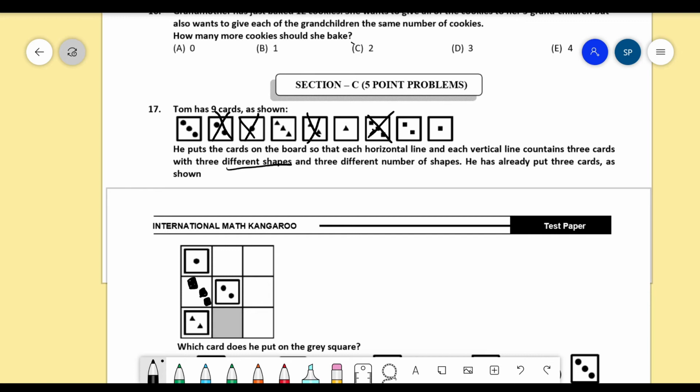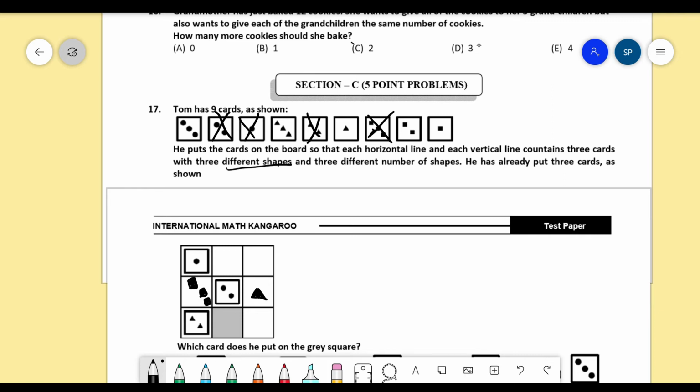So we have 3 triangles or 1 triangle, but 3 squares is already used, so we don't need 3 triangles. We need only 1 triangle. So we could put 1 triangle right there.